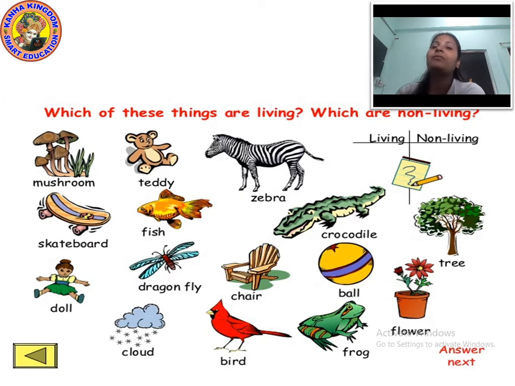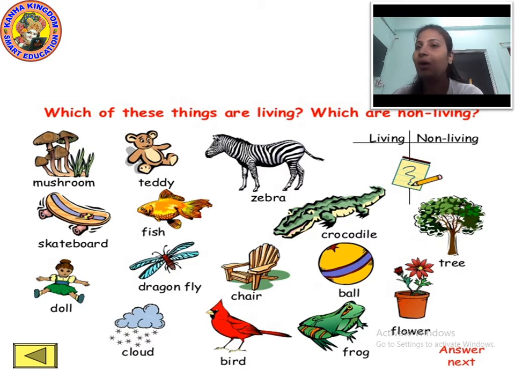Flowers. Now tell me, is flower a living thing or a non-living thing? Flower is a living thing. And frog. Frog is also a living thing. Bird. Bird is also a living thing.